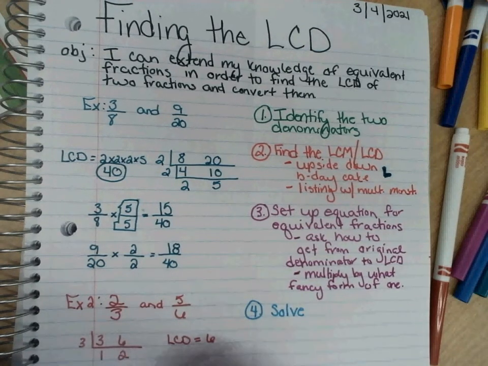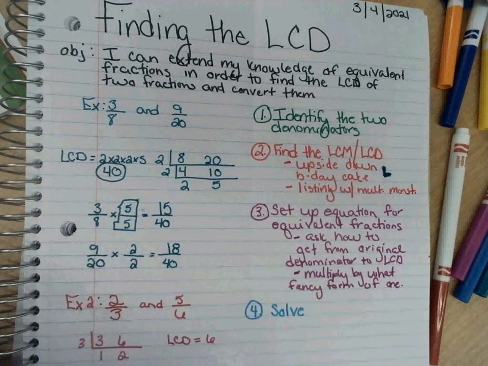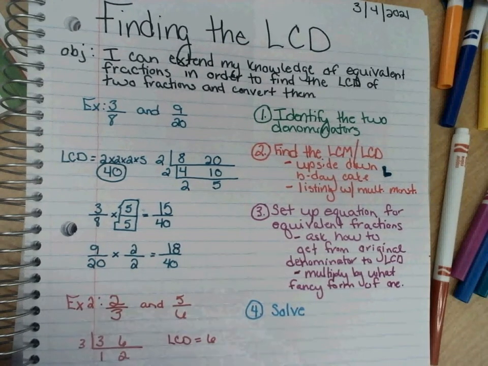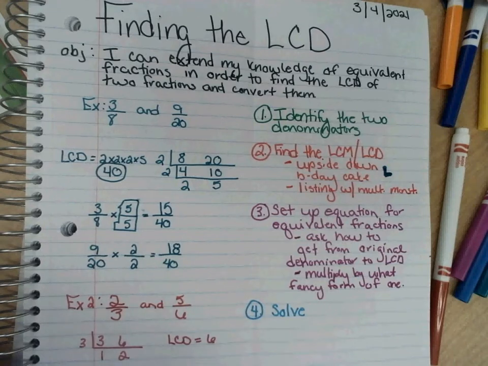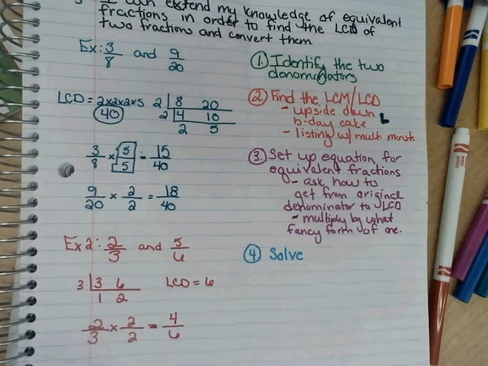Whatever I do to the bottom, I must do to the top. 2 times 2 is 4. So now, if my least common denominator is 6, I have 4/6 and 5/6. Oops. I'm going to move those up for you. Okay? Very good.